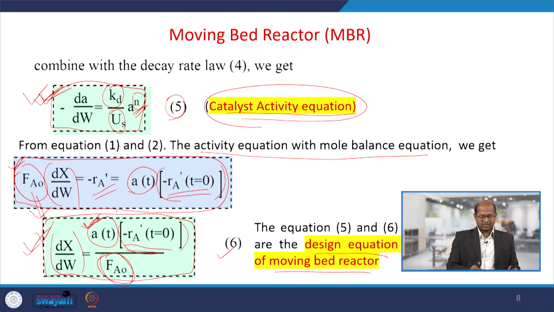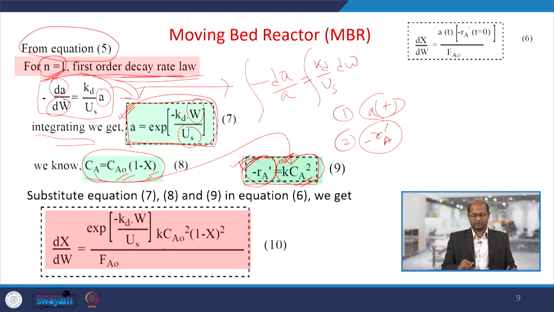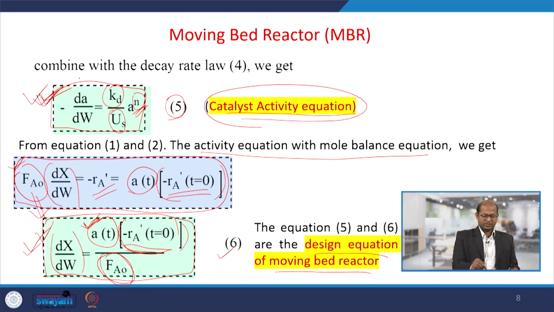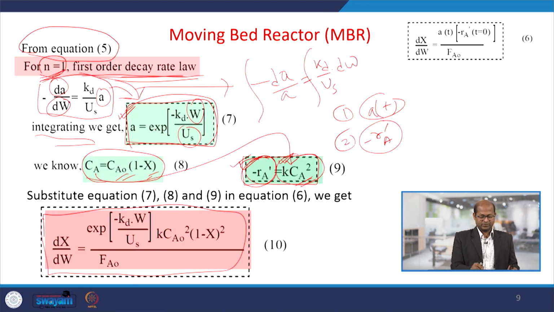Once we substitute A t and minus R A prime, the design equation for dx by dW will be in this form. By integrating the deactivation equation from equation 5, we get equation 7, and after simplifying and putting in the rate equation components, we get this.